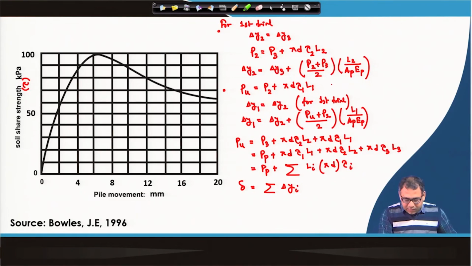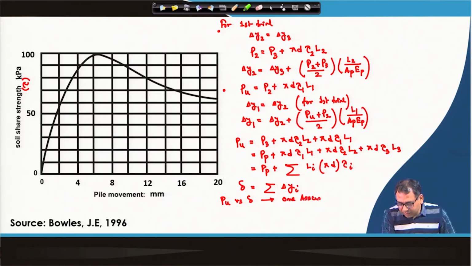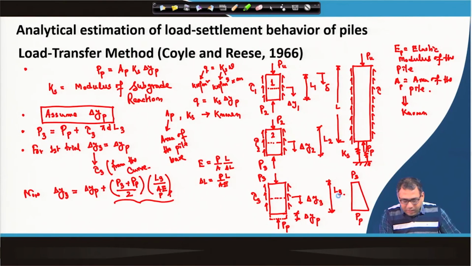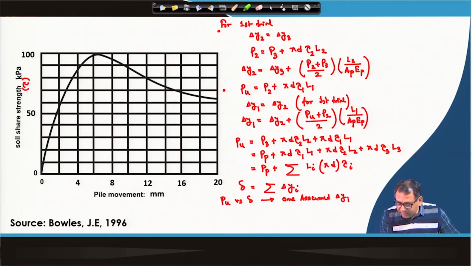So, that means we will get P u versus delta for one assumed del y p. Still del y p is assumed because all these values are calculated based on the assumed del y p. If I change this del y p value, then this P u, delta all values will change.